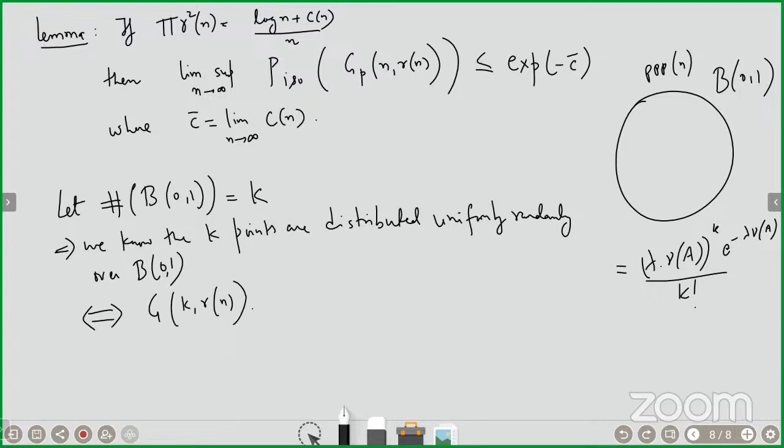What is G of n comma Rn? N points uniformly distributed with radius Rn. Now I have K points which are also uniformly distributed. So this graph should exactly look like G of K comma Rn.